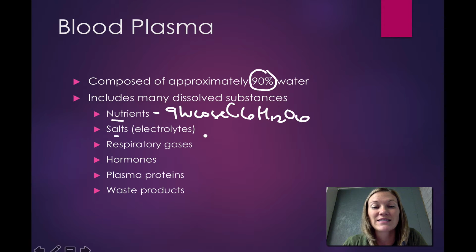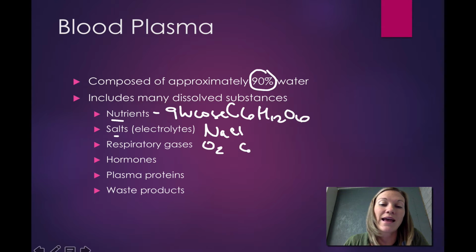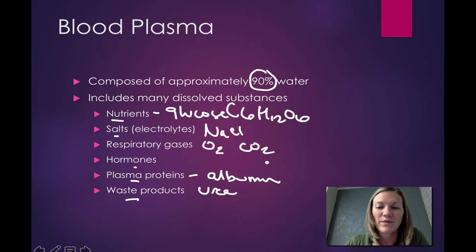Salts and electrolytes, so things like sodium, chloride. Respiratory gases are things like oxygen and carbon dioxide. Hormones, this could be really any hormone running through your body. Plasma proteins, and then waste products as well, things like urea. Of the plasma proteins, the most common one that we're going to talk about is albumin.